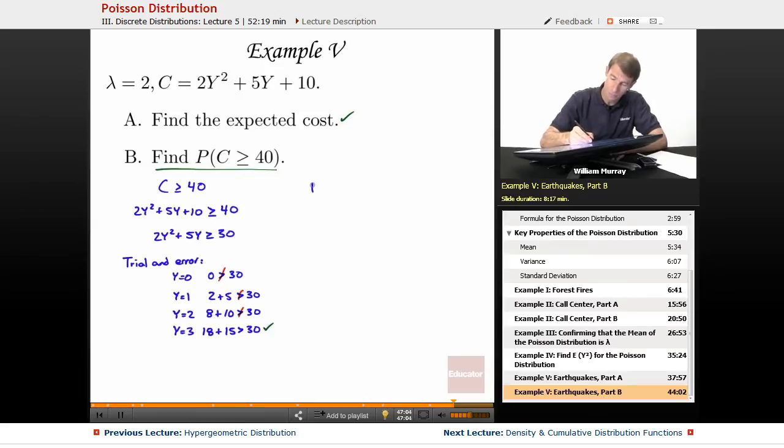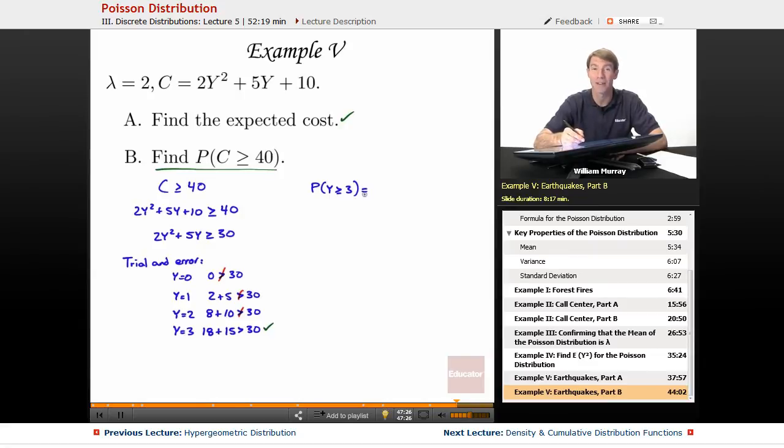So let me try and calculate that out. Probability that y is greater than or equal to 3. If we have 3 or more earthquakes, we bust the budget. If we have fewer than 3 earthquakes, then we'll stay under budget, assuming we budgeted $40 million for earthquake repair. Now, it's hard to calculate p of y being greater than or equal to 3.